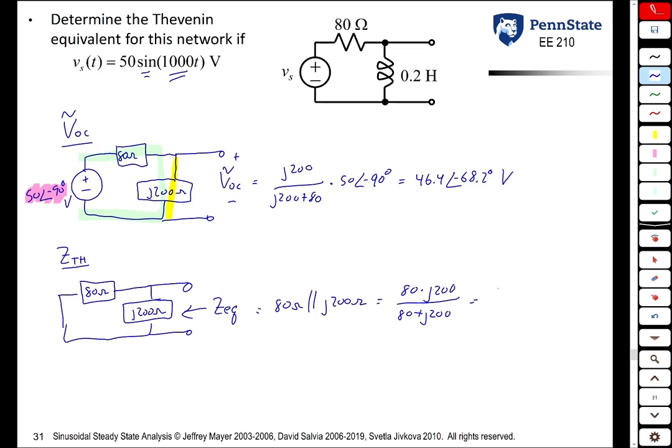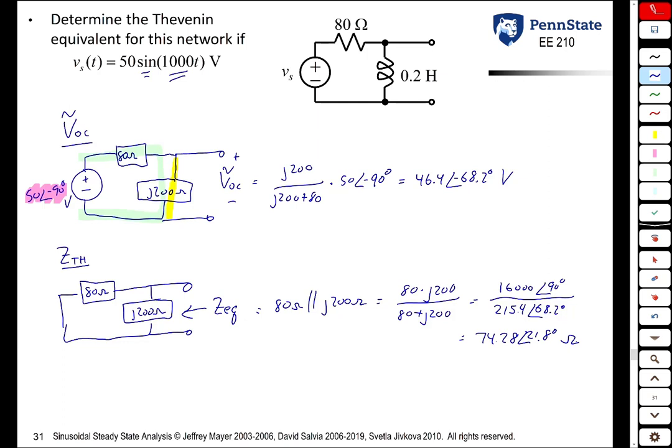80 times j200 is 16,000 at an angle of 90 degrees. And 80 plus j200 is just 215.4 at an angle of 68.2 degrees. You work out this math, you get 74.28 at an angle of 21.8 degrees ohms.